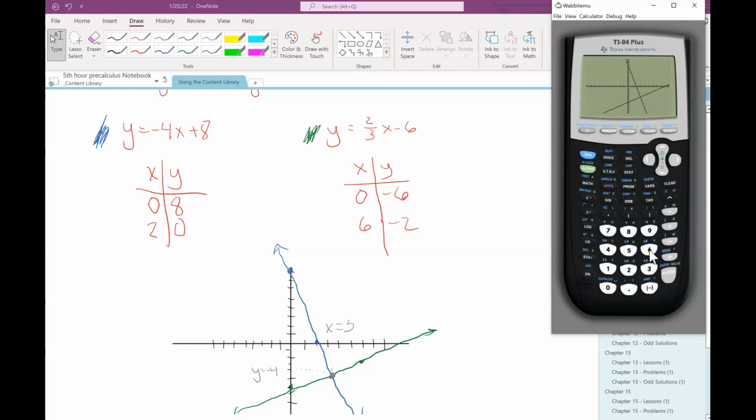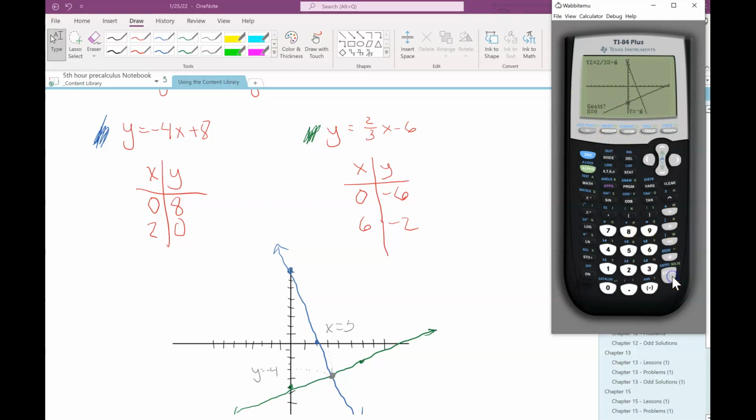So there's the graph of my two equations. Looks pretty much like I drew below. And to find the intersection of these now, I'm going to press second, and then the trace button, and select the intersect command. And as long as all you're graphing is two lines, all the questions it's going to ask you don't really matter.